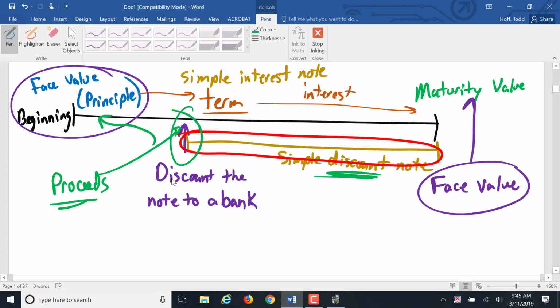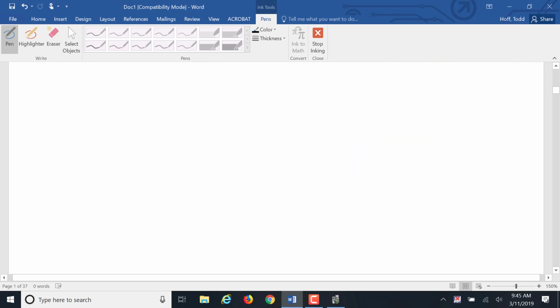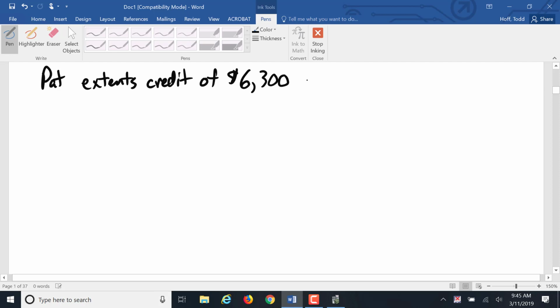So the example we're going to look at here, let's say Pat extends credit of $6,300 on a 10.3% simple interest note for 90 days to Sam.